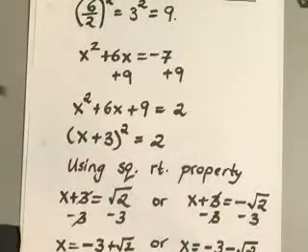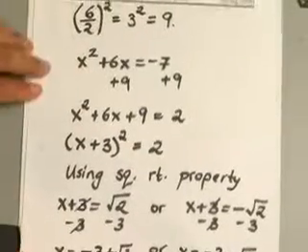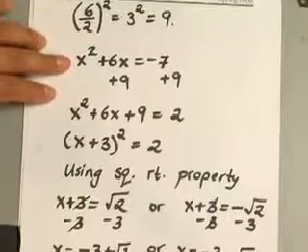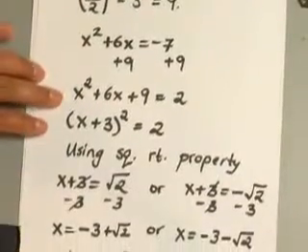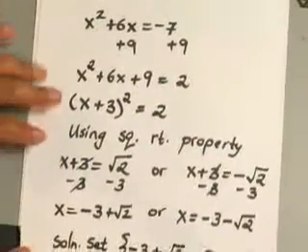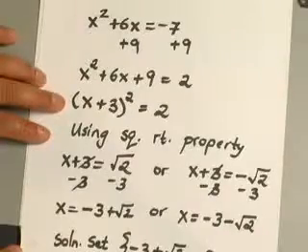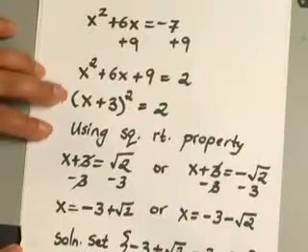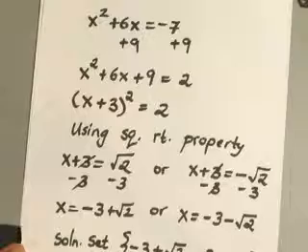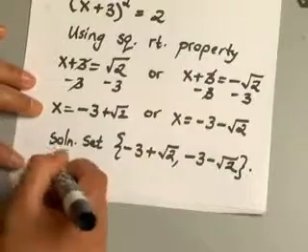Okay, and this procedure is what we like to call completing the square, because what we are trying to do here is on the left hand side complete that square and make it a perfect square trinomial so that we can factor it out into this squared term here.